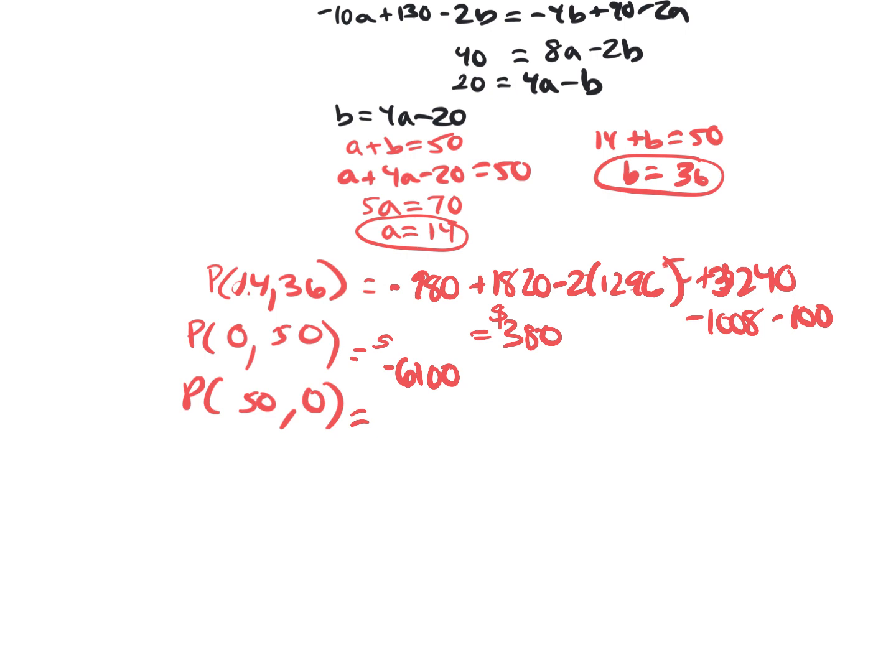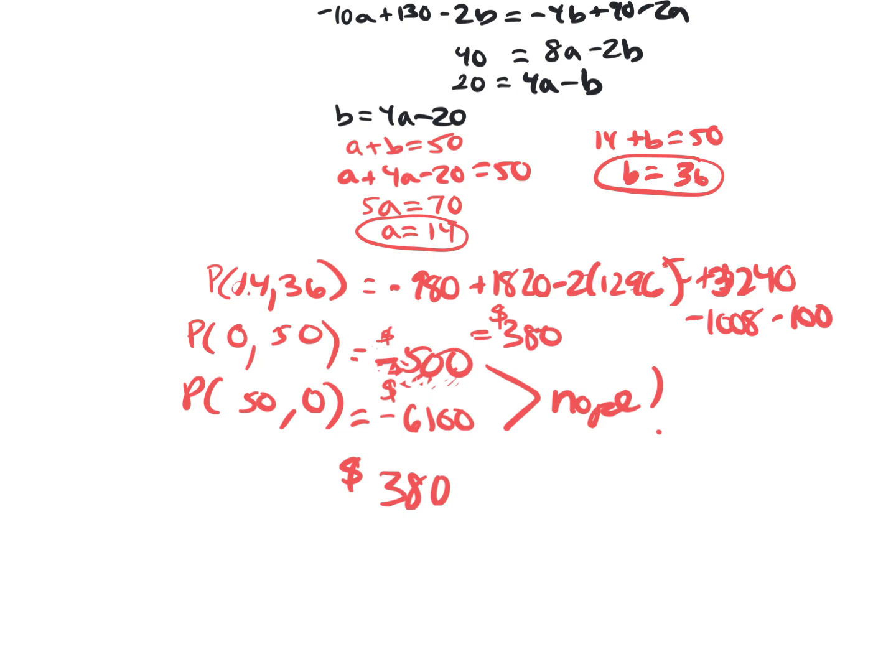When you put in 0, 50, it's actually negative 500. And when you put in 50, 0, it's negative 6,100. And so both of these are not maximizing profit. So the maximum profit would be 380, and that's when a is 14 and b is 36.